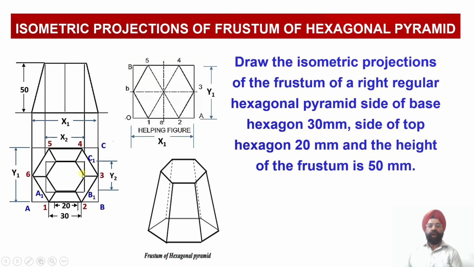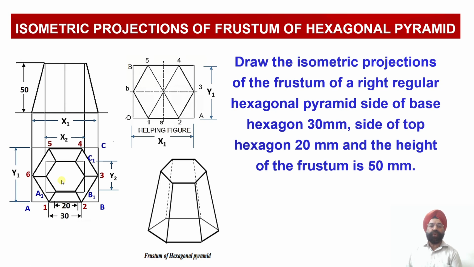Now having obtained these two hexagons, a smaller hexagon with edge equal to 20 millimeter and the bigger hexagon with edge equal to 30 millimeter, we know that we are required to draw the isometric projections of this frustum, and we cannot transfer this hexagon directly onto the isometric projection.